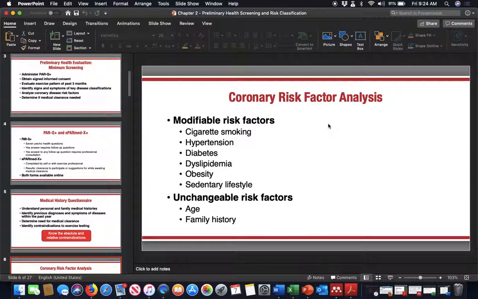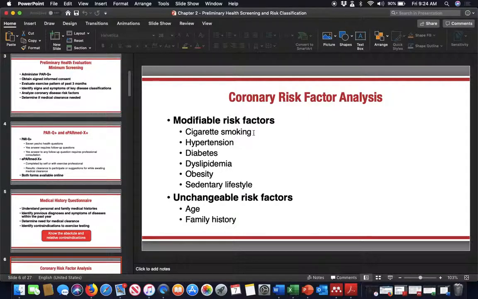Dyslipidemia, so imbalanced lipid profiles. You're talking about cholesterol, triglyceride levels, HDLs, LDLs, VLDLs that are going to be out of whack in some way, shape, or form, and then total cholesterol as well. There's your obesity, and then their activity level, so they're probably not moving. So those are all modifiable.